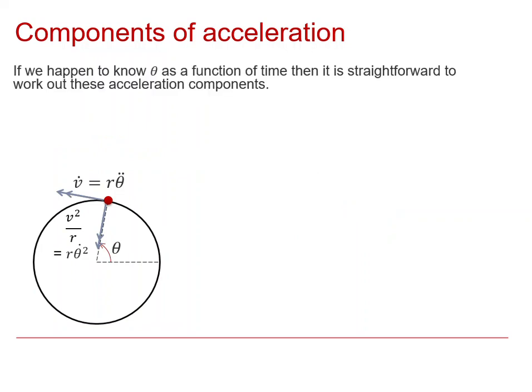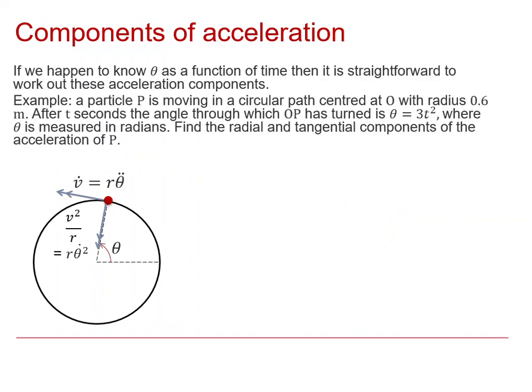Let's now consider what happens if we know theta is a function of time. Well, a simple example is that a particle P moves in a circular path with radius 0.6 meters, and the angle theta at the centre is 3t squared, where theta of course is measured in radians. We're asked for the radial and tangential components.